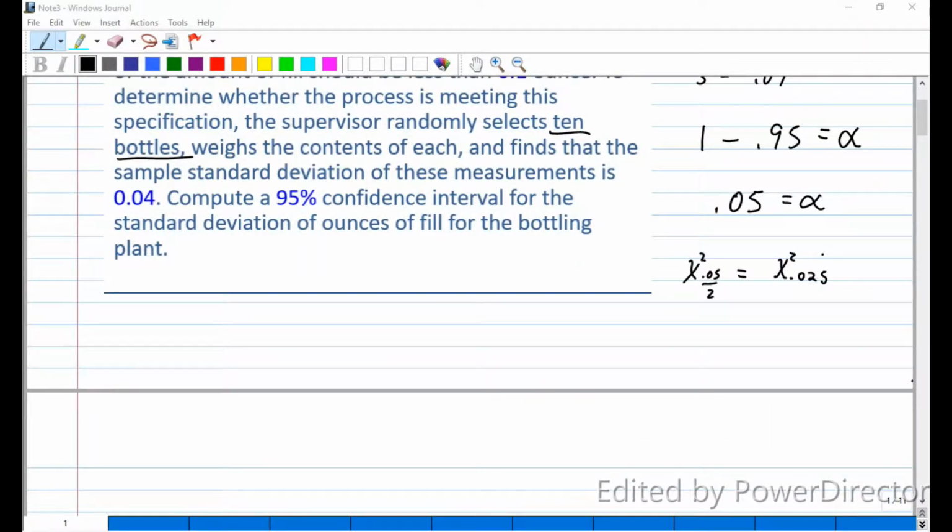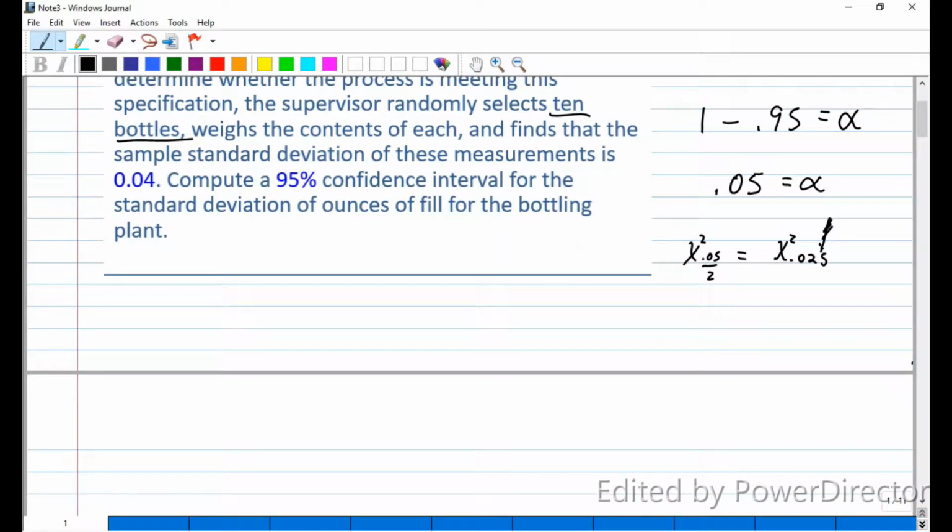So here's that right there. That's our alpha over 2. That's what we just figured out. So the other chi-square value, if you say 1 minus 0.025, you get 0.975. Right? Yes. Okay, thank you.